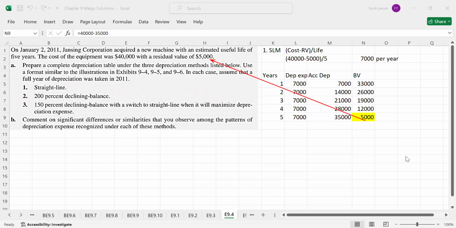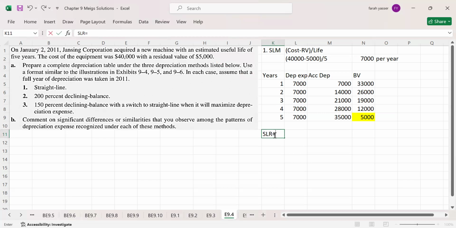For the second method, first we will have to calculate the declining balance rate. For 200%, first we will calculate the straight line rate, and the formula is 100% divided by useful life.